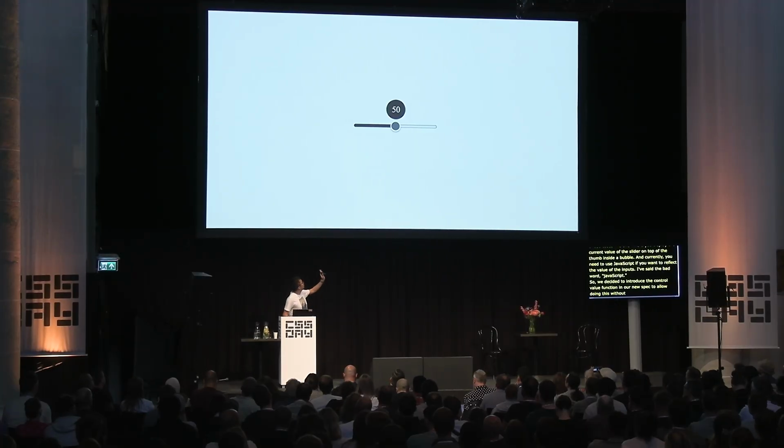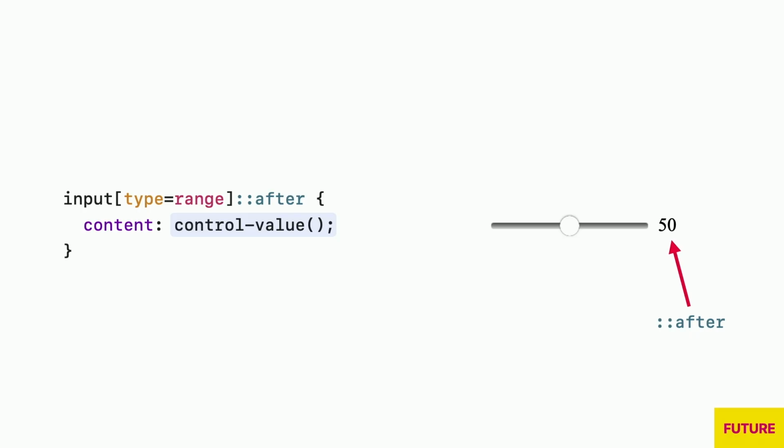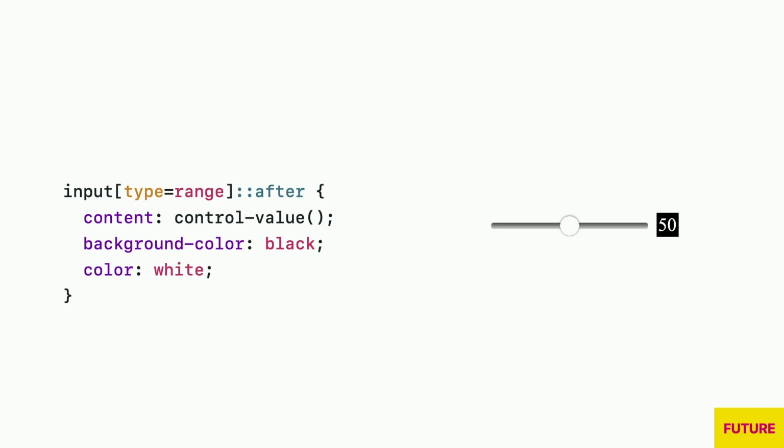So let's see how we can reproduce this result. So first of all, to build our bubble, we want to add content after our range inputs. So we can use the after pseudo element to do that. And we can set the content to control value, which will reflect the current value of the slider. And we can also add a background color and a text color.